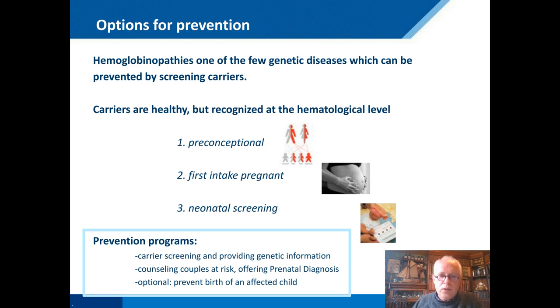But if you could also identify carriers in this way, and that is possible technically, and you would report back to the parents that the baby is a carrier, you could prevent an affected birth for a second pregnancy. Many prevention programs concentrate on carrier screening and providing genetic information, counseling of couples at risk, offering prenatal diagnosis, and optional prevention of birth of an affected child.